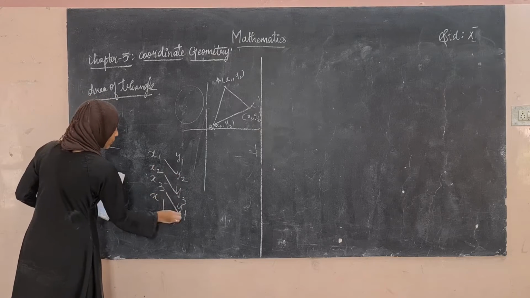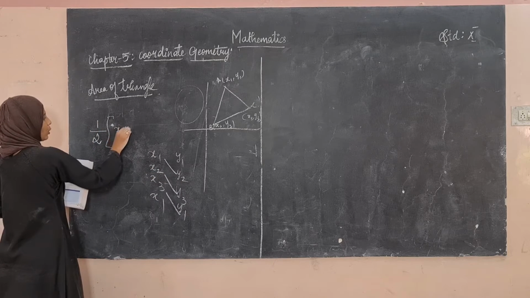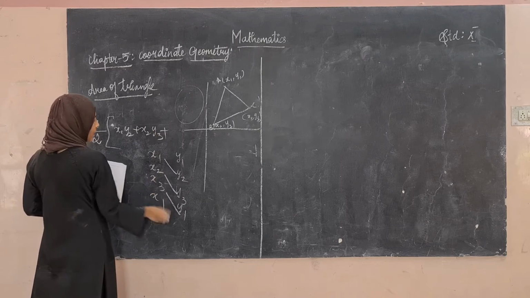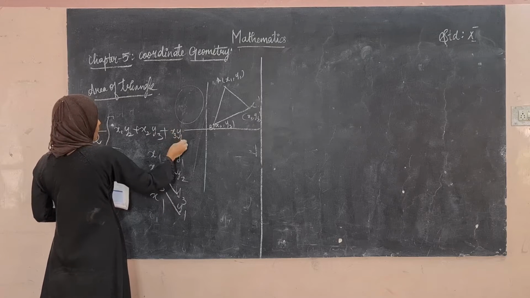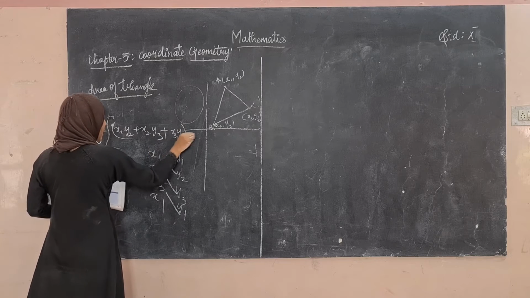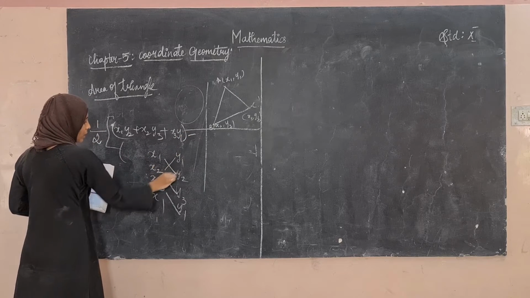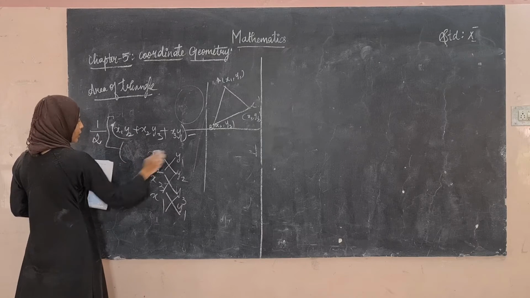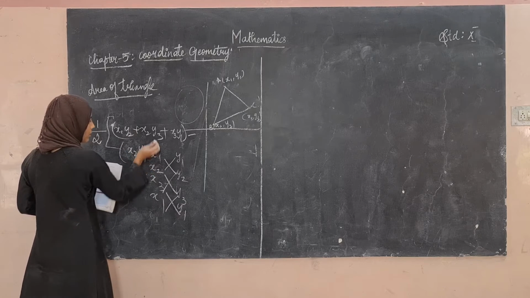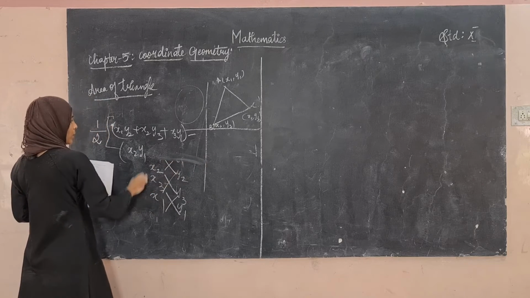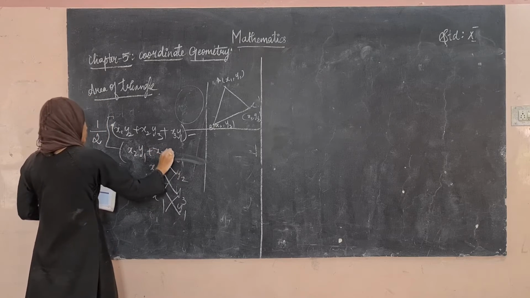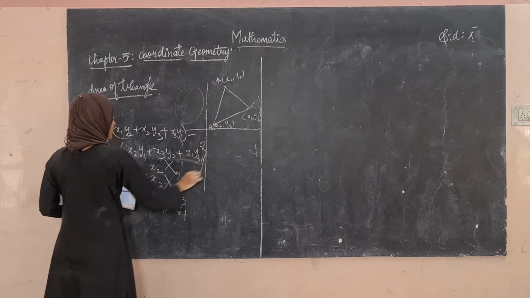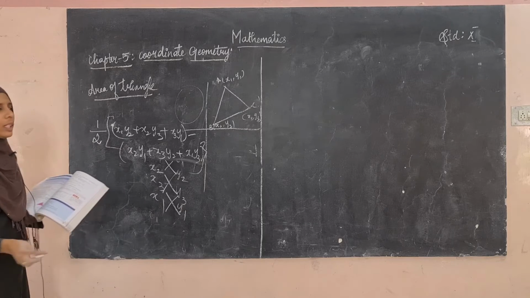These terms: first x1 into y2 plus x2 into y3 plus x3 into y1, minus of, in this order, x2 y1 plus x3 y2 plus x1 y3. So this is the formula for finding the area of the triangle.